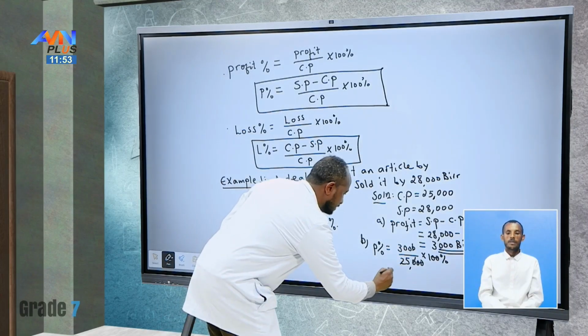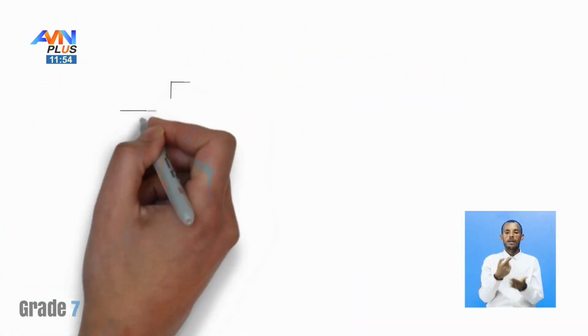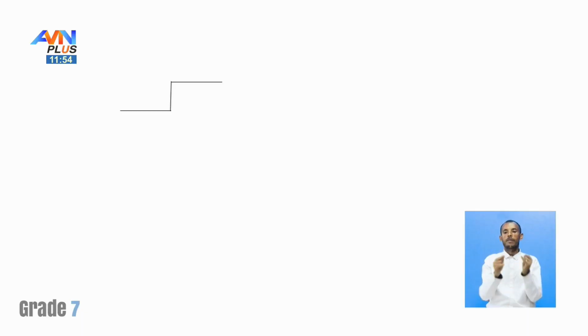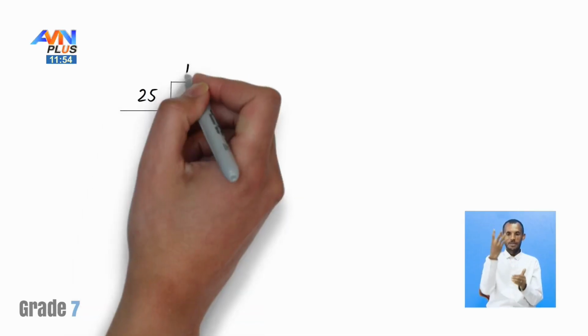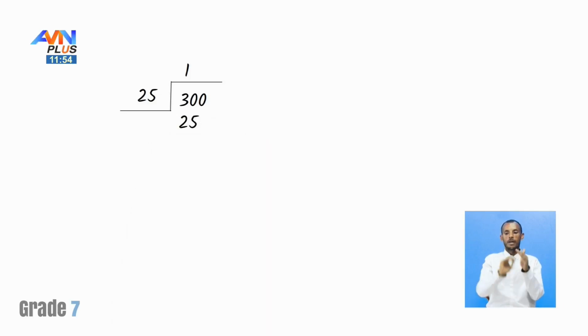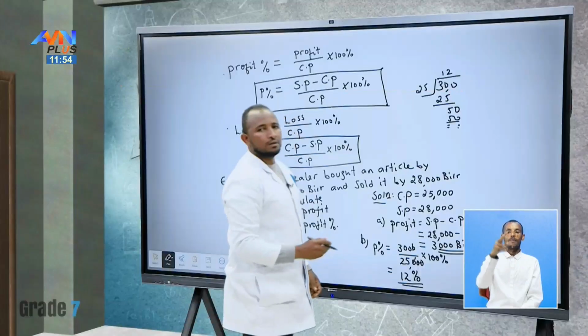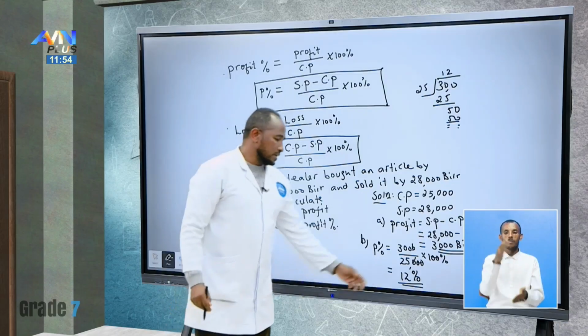When you divide 300 by 25, 1 times 25 is 25. 30 minus 25 is 5, just put 0 down. 50 divided by 25 is 2. 2 times 25 is 50. Therefore, 12. Therefore, his profit percentage is 12%.